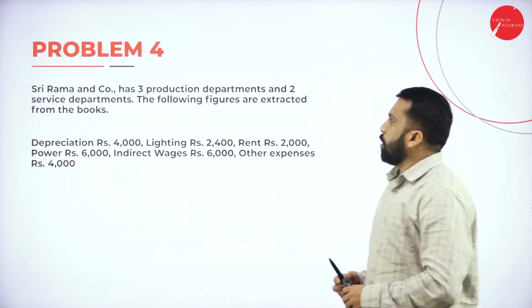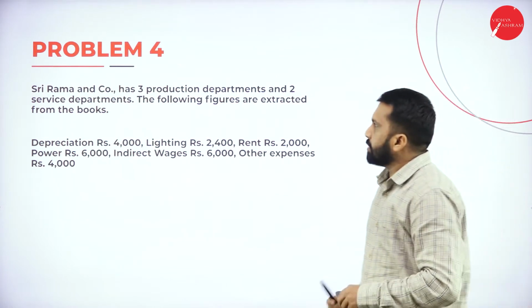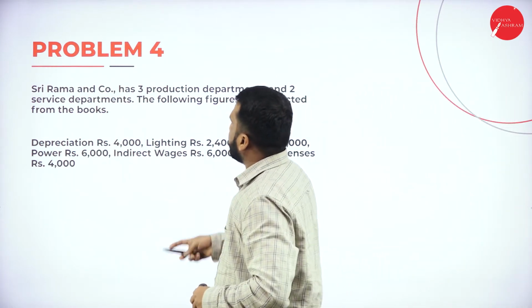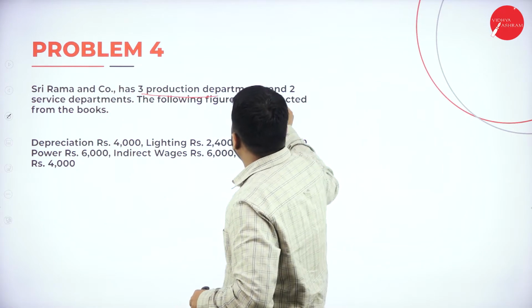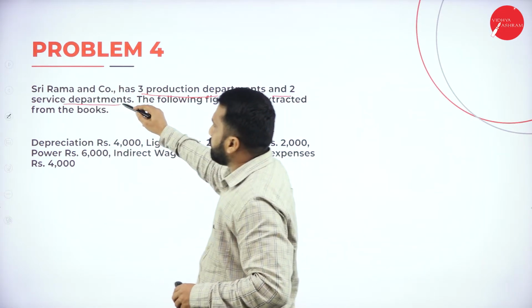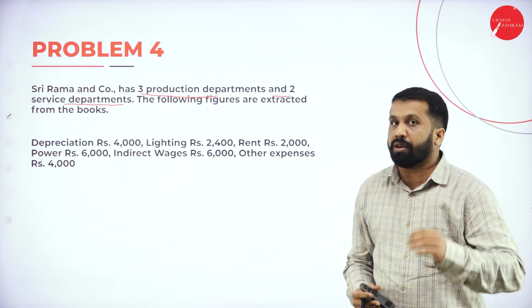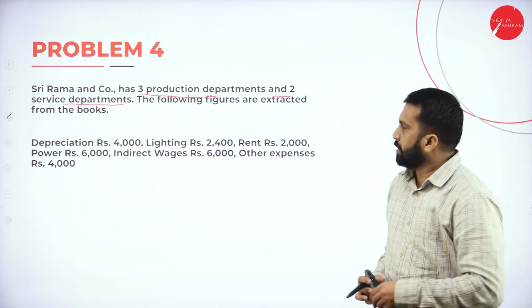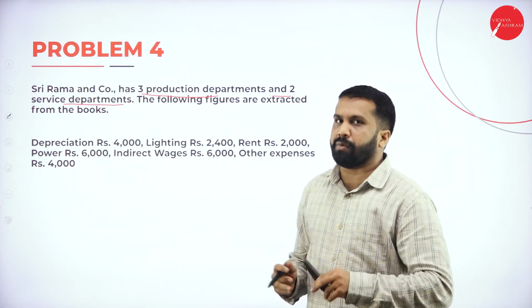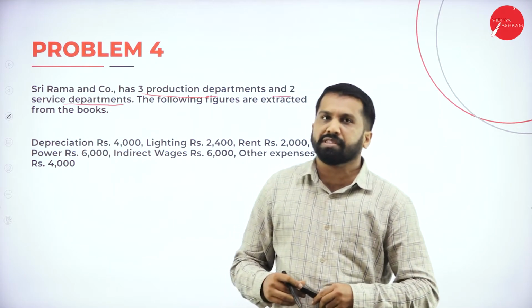Now, your problem number 4, Sri Rama and Company, 3 production departments and 2 service departments. I won't go into detail because you know all the calculation, the procedures and everything. I'll just go with the concept and we'll wind up this session as soon as possible.